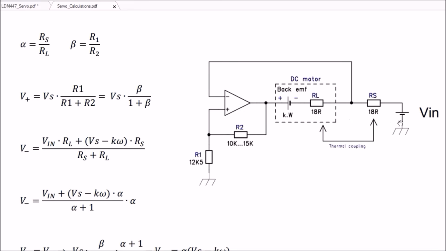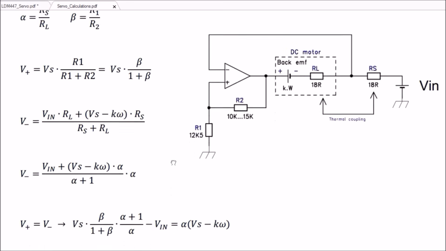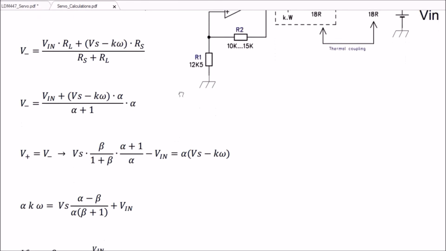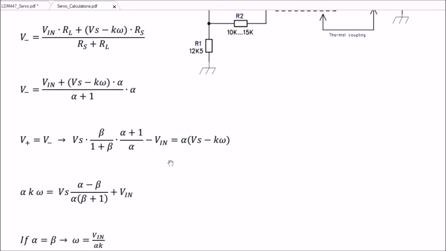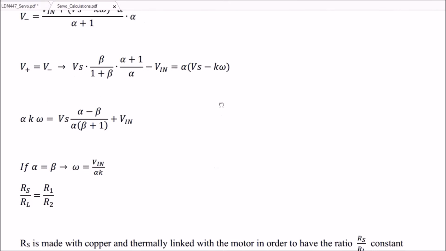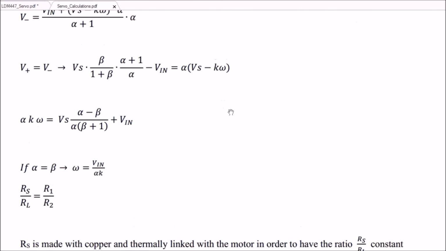We have two voltage sources, the input voltage here and this voltage, which is actually the output voltage minus the back EMF voltage here, which is proportional to the velocity. If you consider that this system is stable, these two voltages are identical, and you find this equation. At the end you find this very nice equation.